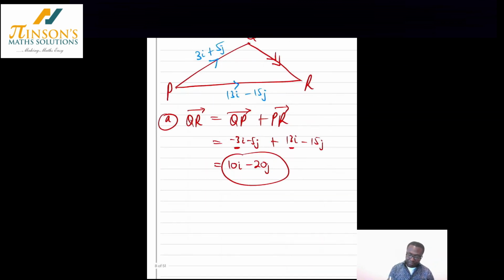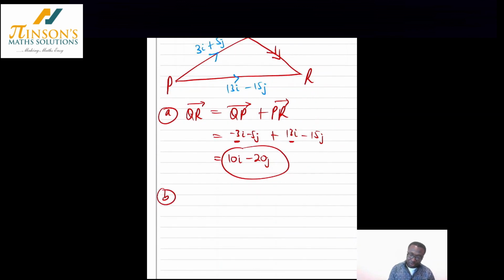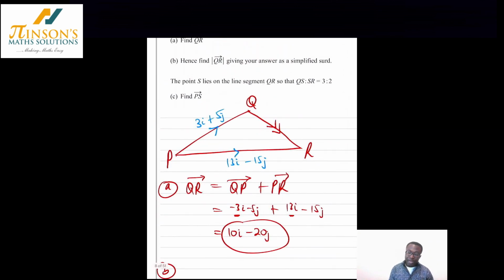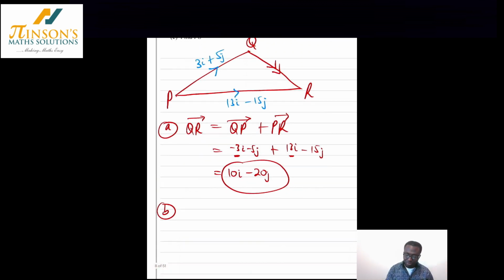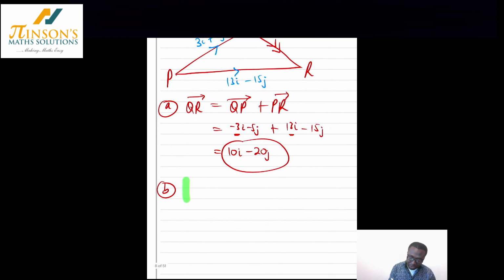And then the B part is saying we should find the magnitude. That symbol means magnitude. And it says give your answer in the simplified surd form.